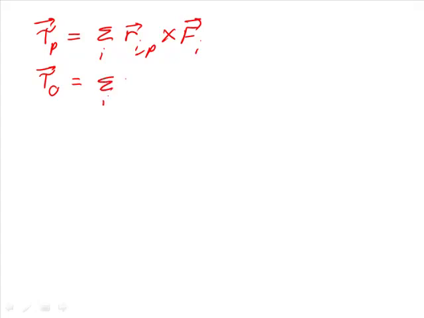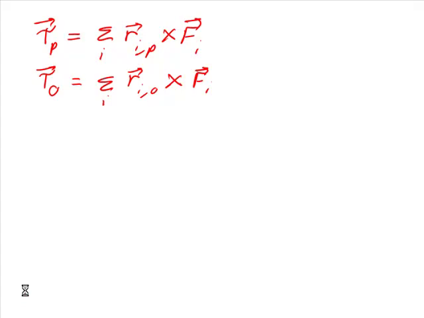We know that the torque on something about point P is equal to the sum of each of the individual torques, which are each individual radius about P crossed into each individual force. Now the torque around point O would be the sum of each individual radius about O crossed into each individual force.